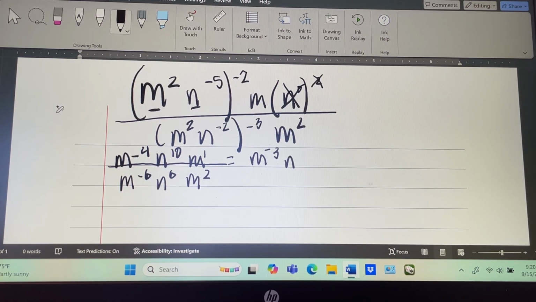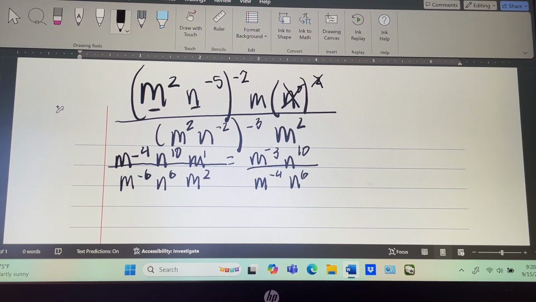That should be n to the 10th power. Over here, we can simplify the m's because we've got 2 m's. So we're going to add those. m to the negative 6 plus 2 becomes m to the negative 4, and we'll bring over the n. All right, so there, if you'll look, there's nothing left to simplify on the top or the bottom.